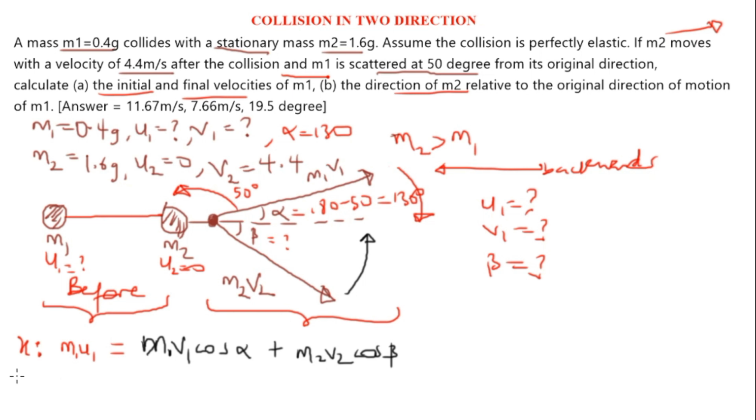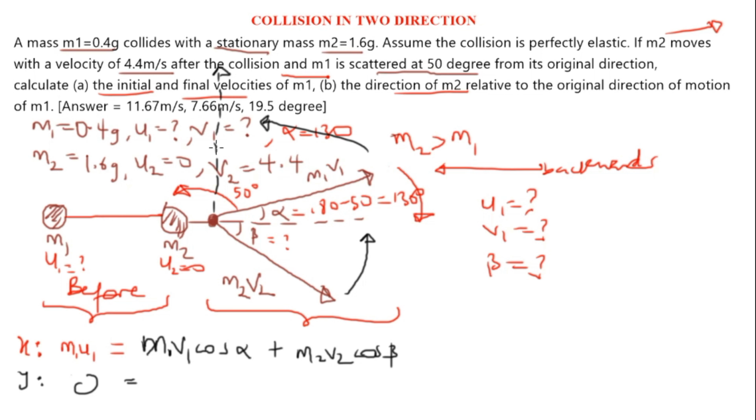The same thing happens for the y-axis here. For the y-axis, the masses before the collision have nothing to do with the y-axis. So that's 0 plus 0, which will be equal to, and then I will resolve this to the y-axis. This is the y-axis, a normal.